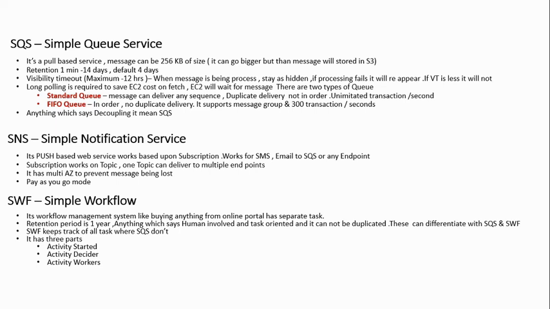So understand this. Any message coming to SQS will be accessed by some other EC2 instance, some other processing unit. It can be of two types, right? Standard queue, which doesn't guarantee order. So you have messages received 1 2 3 4.